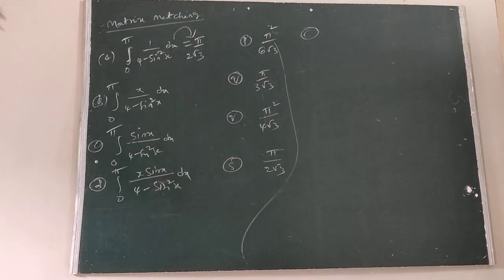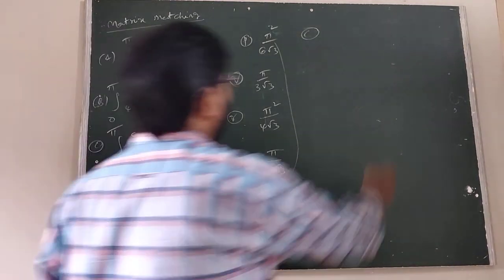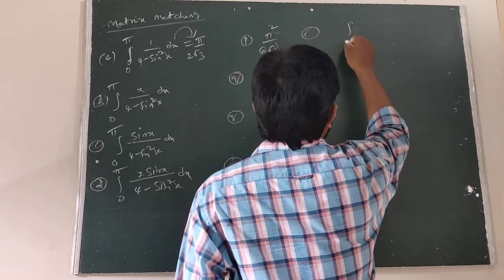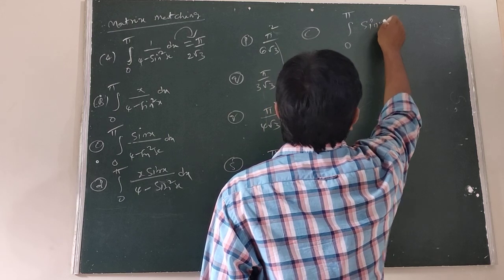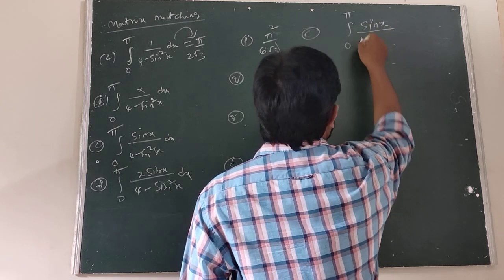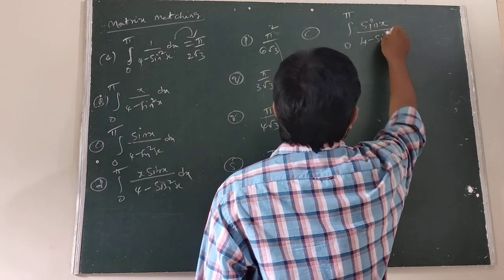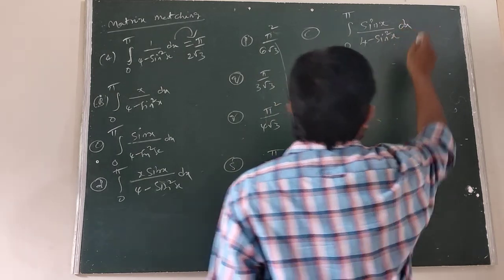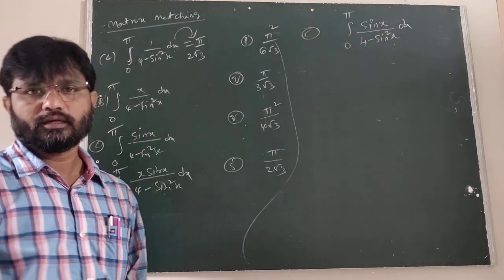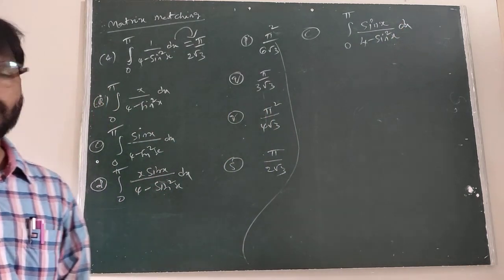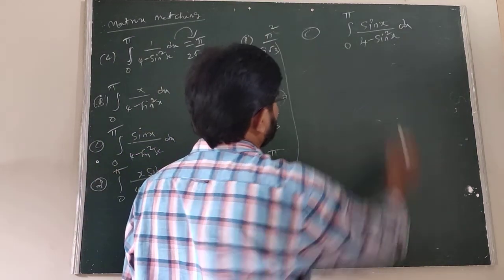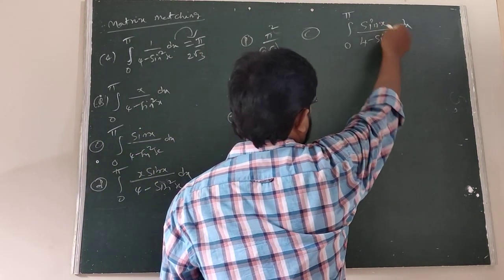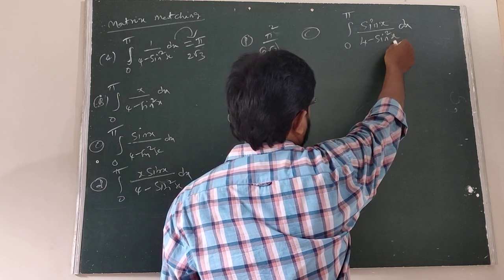Now the C. C is the integral from 0 to pi of sine of x by 4 minus sine square x dx. Is it clear? So now we can write here, all of you listen. Sine pi minus x is sine x, sine square pi minus x is sine square x.